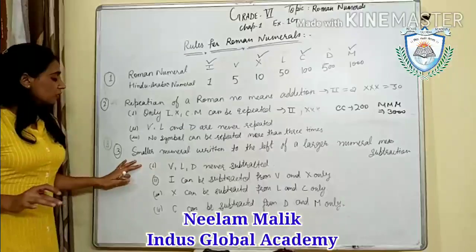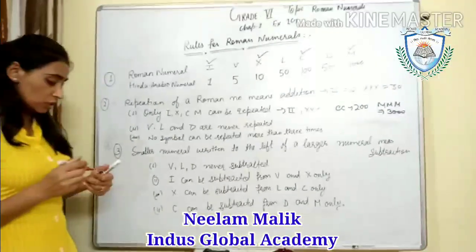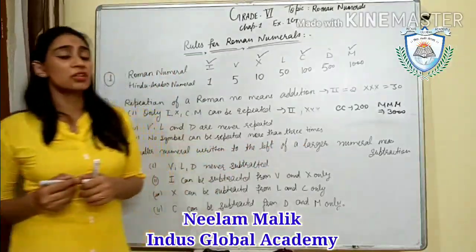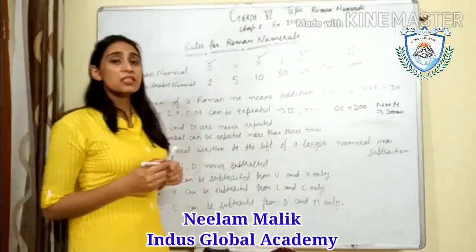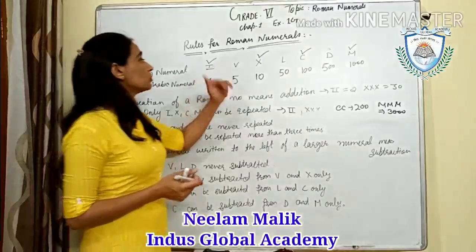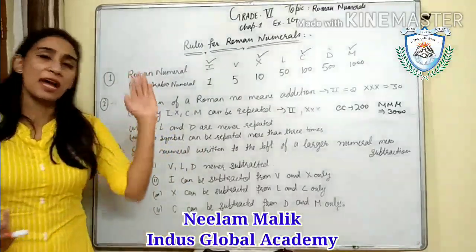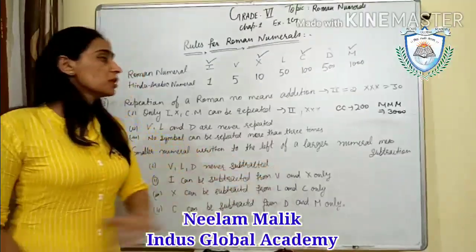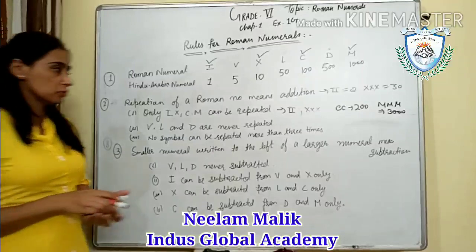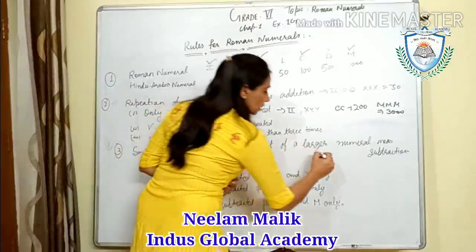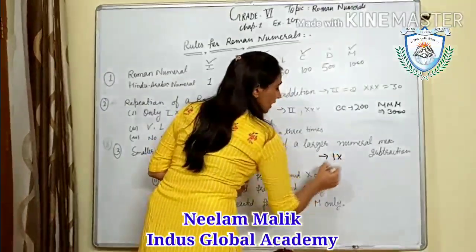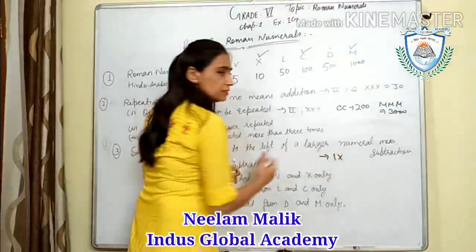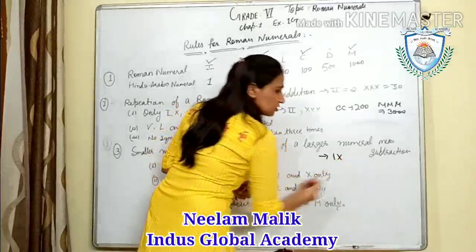After that, the next rule is about subtraction. A smaller numeral written to the left of a larger numeral means subtraction. Here, like we are using IX, this I is small, it is 1, and X is 10, so this means subtraction.